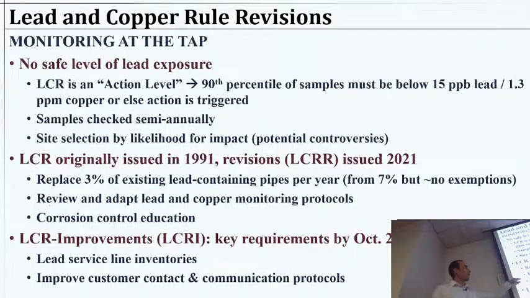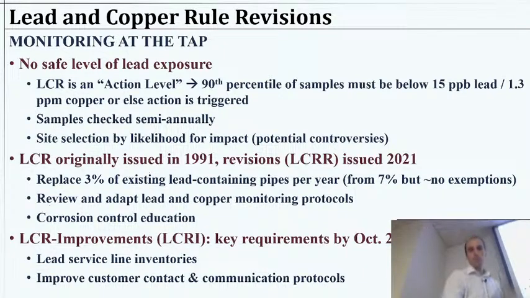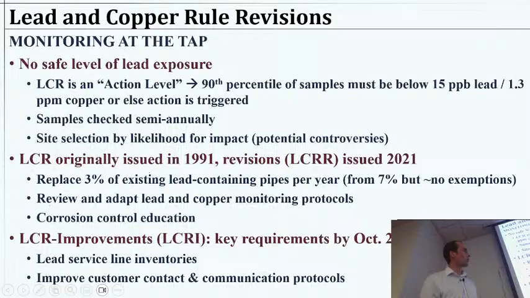Then they were also reviewing and adapting the monitoring protocols, and importantly, adding corrosion control education for operators, for everybody involved with this aspect of the LCR. They also made some improvements. Sorry, that's probably October 2021.